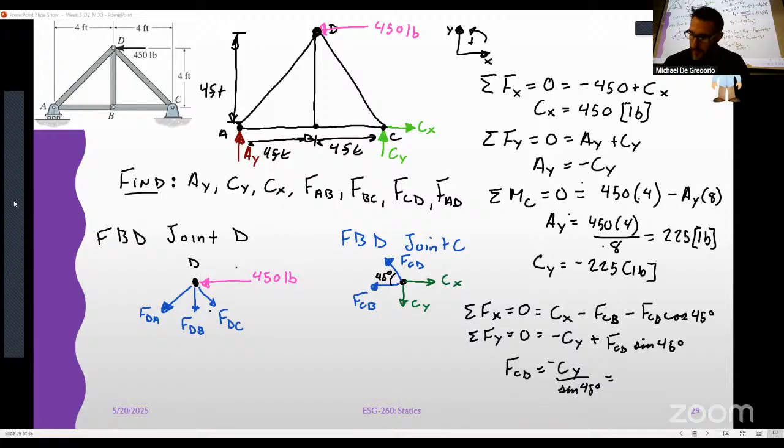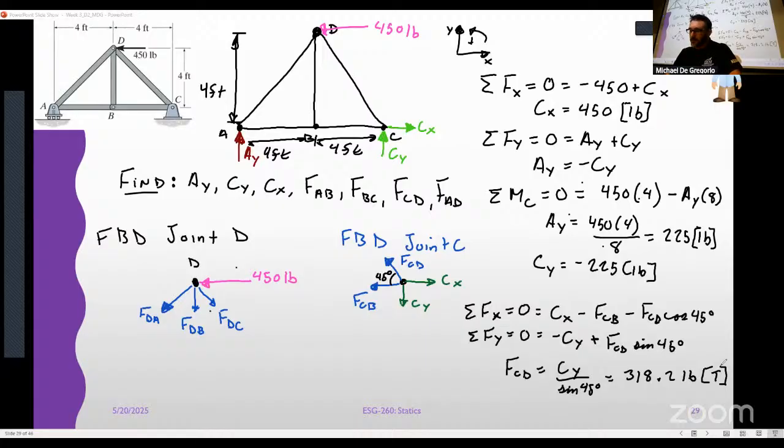That's what was throwing me off there. Sorry, apologize. So the directionality of these depends on our coordinate system, right? So if we do this, that's 318.2 pounds. And guess what? We assume that it's in tension, and because it came out positive, it remains in tension.